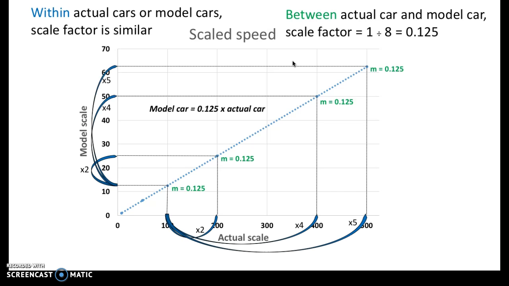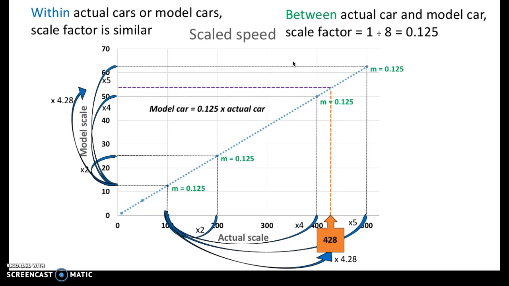Or we can see our within strategy, so what happens on the x-axis would also happen on the y-axis. And again, if we take 428 and apply either strategy, here the between and here the within strategy, we end up with a scale speed of 53.5 kilometers per hour for our model car.